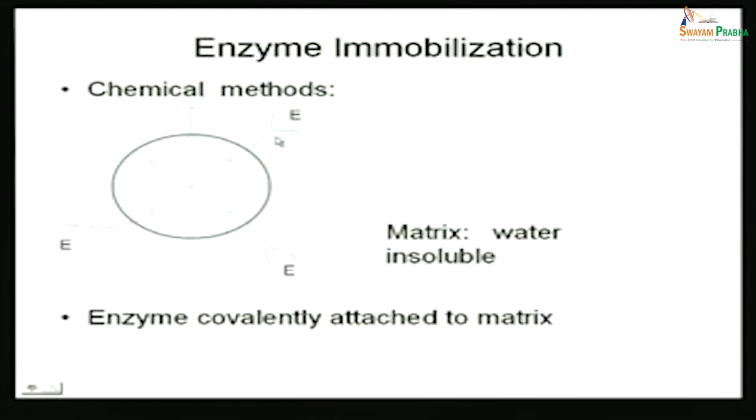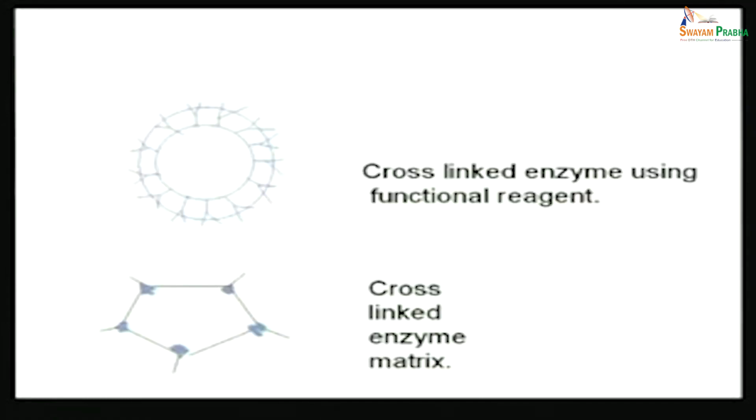This matrix is typically water insoluble. Why is it water insoluble? Because for the enzyme to remain in that state, the matrix should not dissolve into water. If it dissolves, then the immobilization would all be gone. So if you want the enzyme to remain immobilized, this has to be a water insoluble matrix. This is a chemical method because the enzyme is actually covalently attached to the matrix.